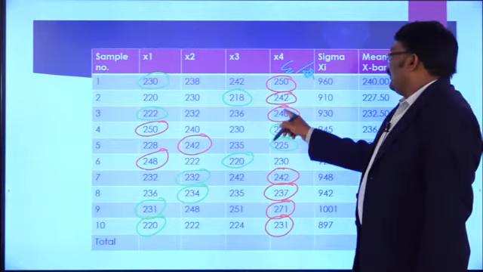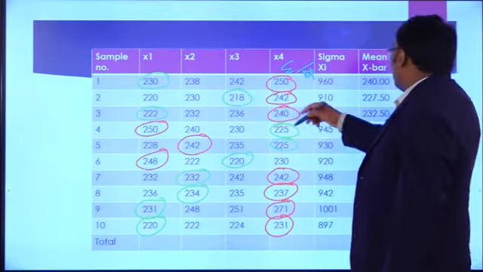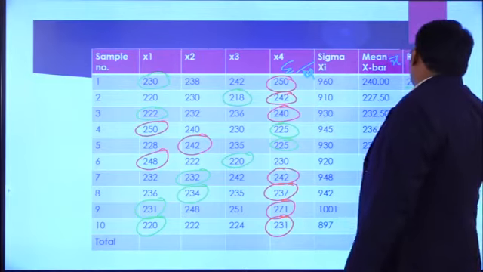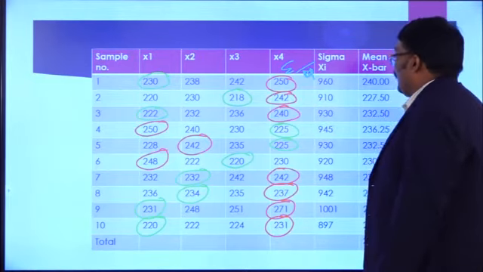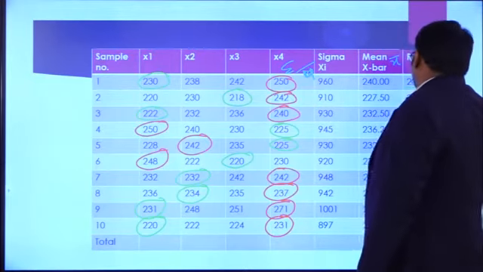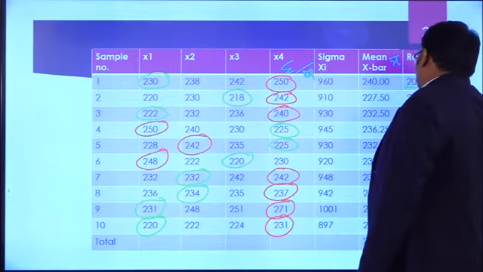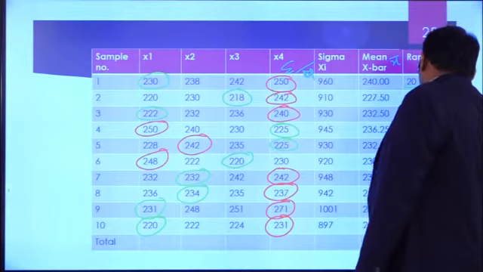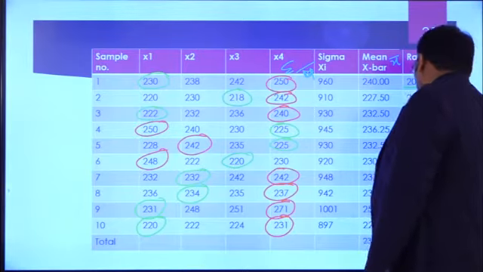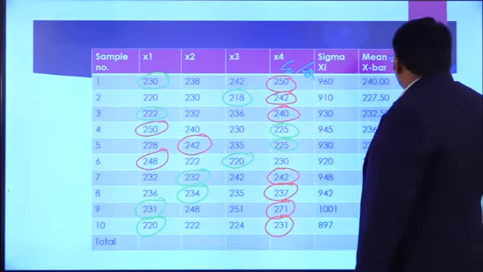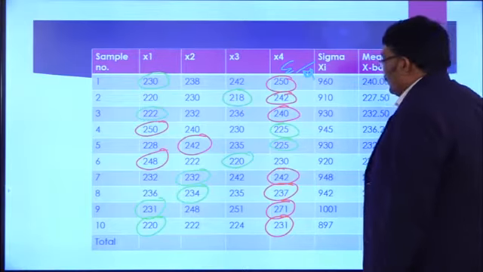Here 242 minus 218 is 24, 240 minus 222 is 18, and 25, 17, like that. All the values you would have got from the range, which has been subtracted. Now the range values you have got.